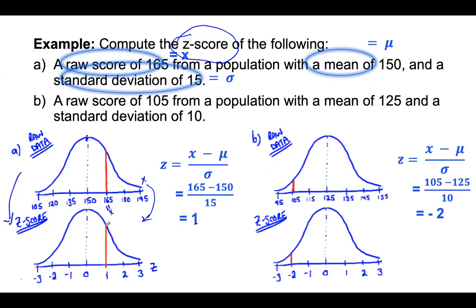So there should be an inflection point here. For the next one, a raw score of 105 from a population with a mean of 125 and a standard deviation of 10. The mean here is 125, and it's going to be mapped to 0, and we have a raw score of 105.